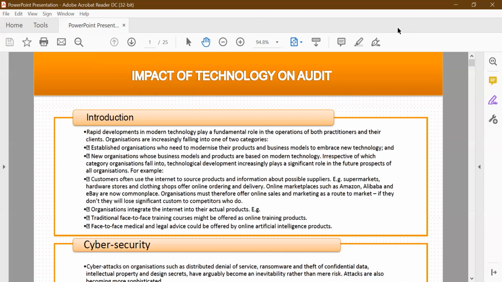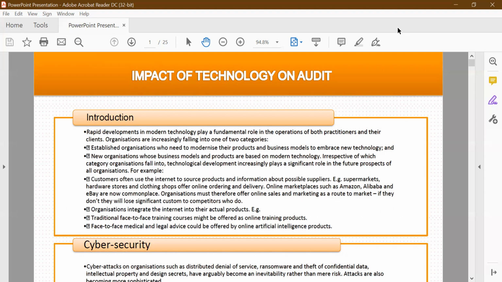And then you have new organizations whose business models and products are based on modern technology. Irrespective of the category your organization falls into, you are in some way influenced by technology.